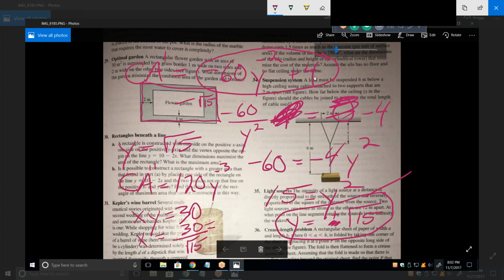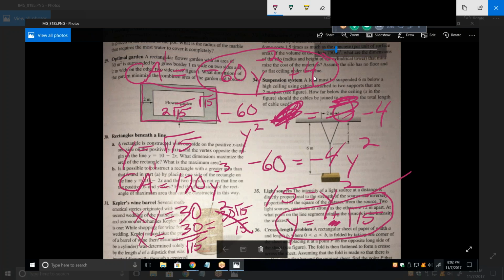When I rationalize that, what do I get? 30 square root of 15 over 15. That now becomes 2 root 15. That's the dimensions of the garden. 2 root 15 by root 15, and that will give you a minimum area.